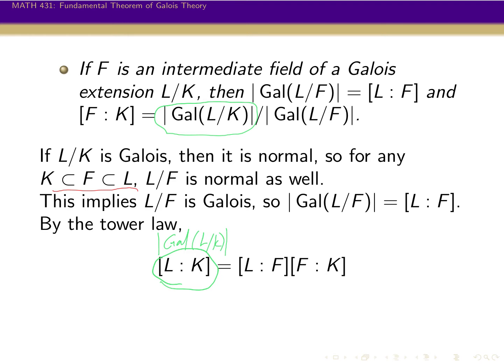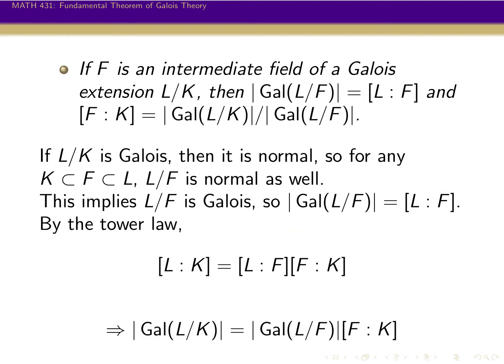And then since L over F is Galois, that means that the degree of L over F is equal to the size of the Galois group of L over F.